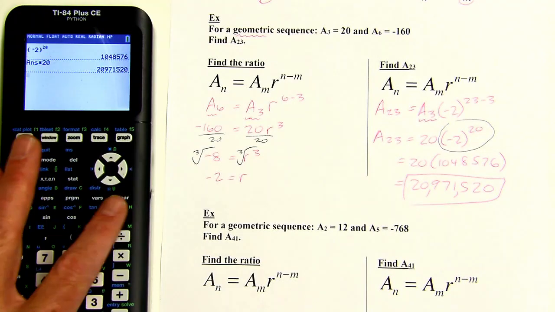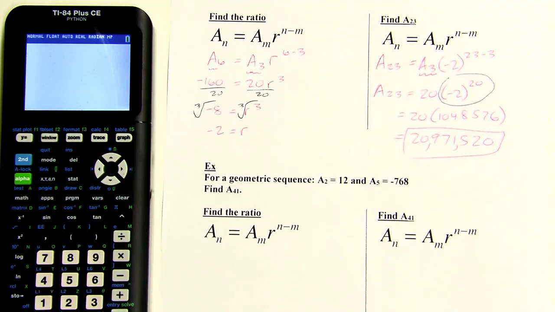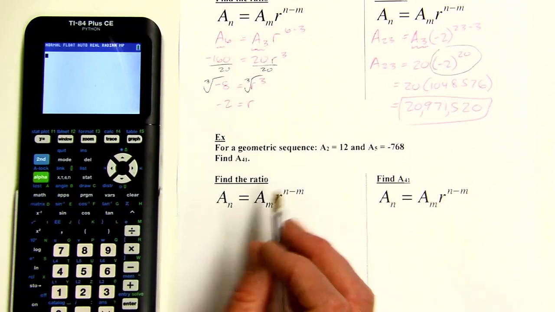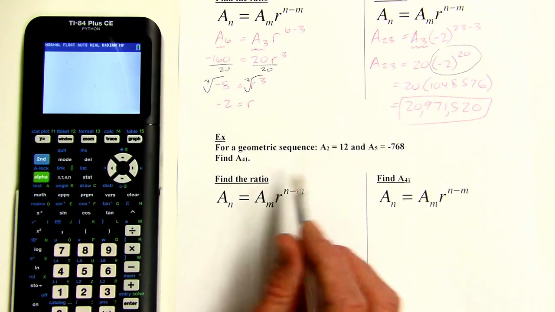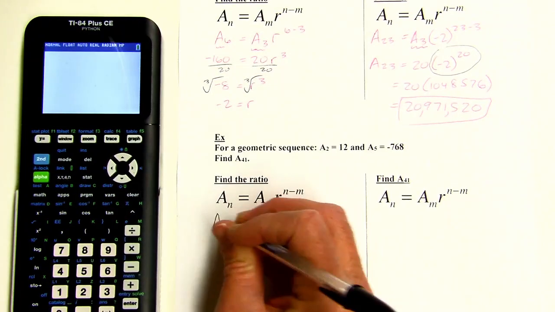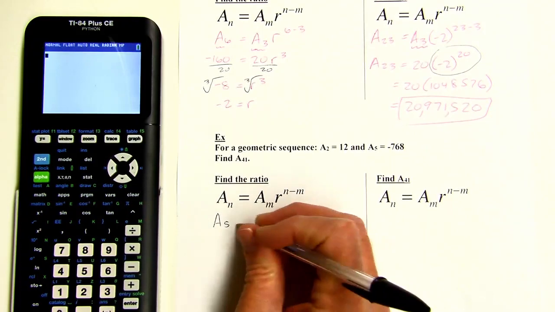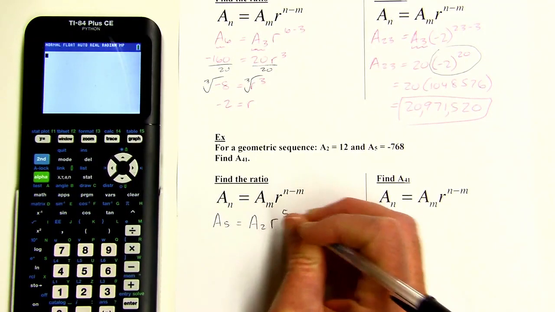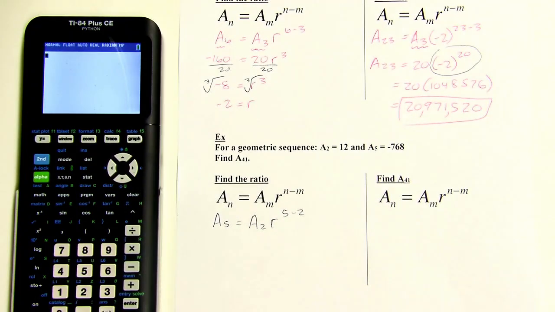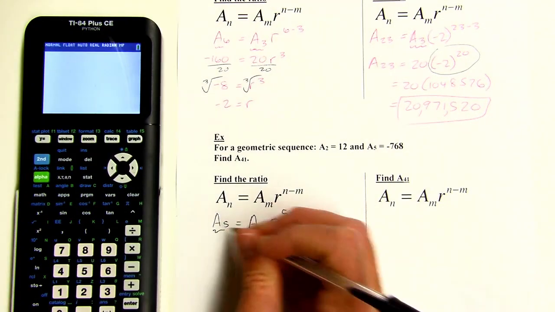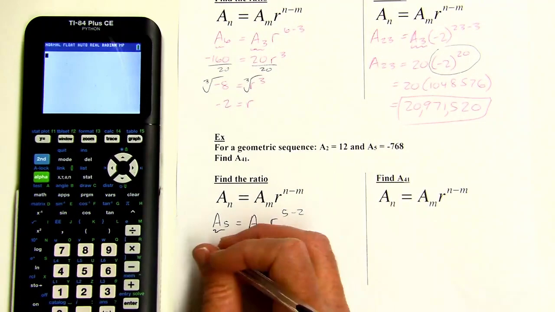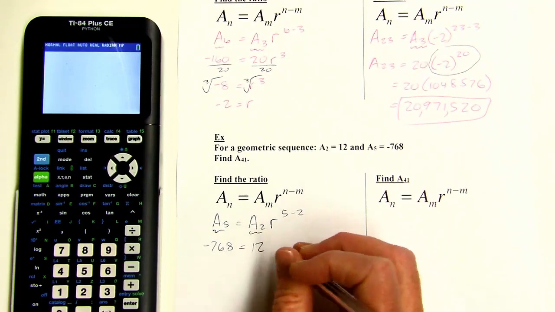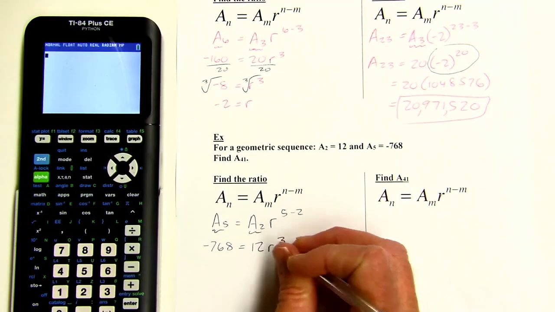Okay, let's try another one. This is going to be a similar problem, just some new numbers here. I'll use my black pen to make it a little easier to see. I want to put the higher term number in the first slot, so I'll put a sub 5 there and a sub 2 here, and then 5 minus 2 would be the exponent. Let's plug in the value of both of these terms. A sub 5 is -768. A sub 2 is 12. 5 minus 2 is 3.